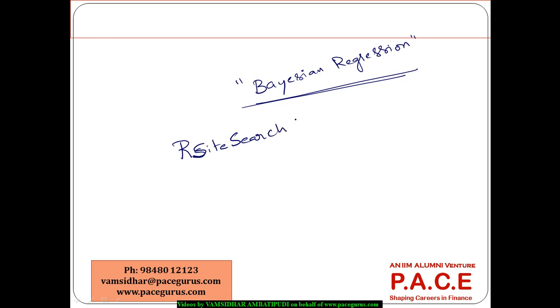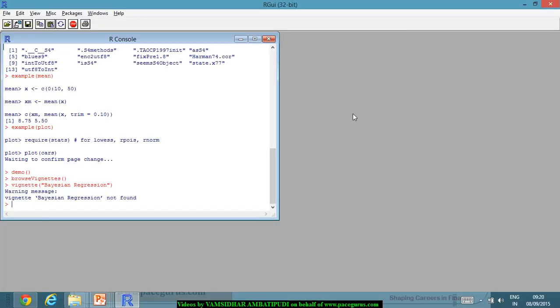Within this I can use Bayesian regression, but this has to be enclosed in quotes. So let me try this. RSiteSearch, and within the quotes I am using Bayesian regression.